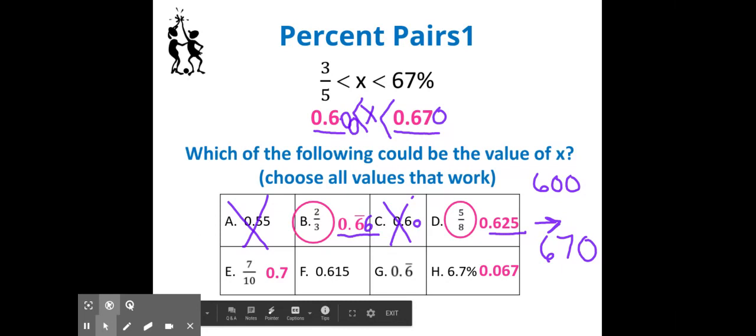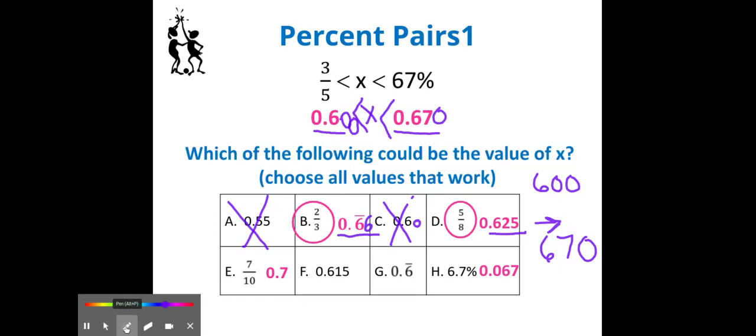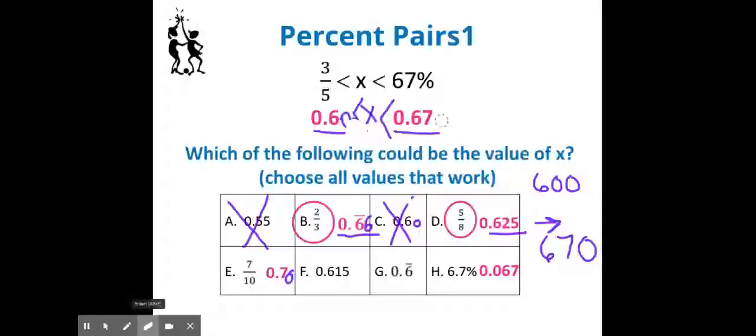Good. E, 7/10. Same strategy applies. Use that placeholder, 0. Now I'm looking at 70. Is 70 between 60 and 67? Well, no. 70 is not between 60 and 67, which is why that can't be an answer choice.